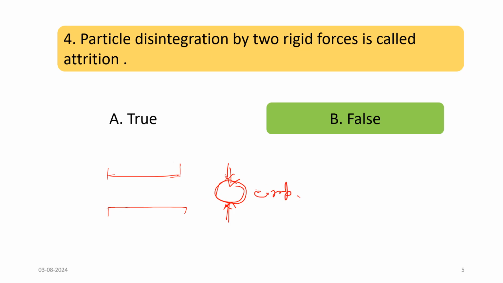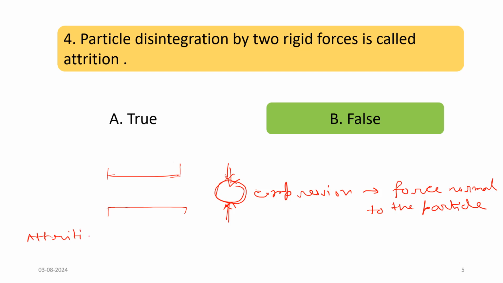And attrition is a method of size reduction by rubbing or scrubbing.